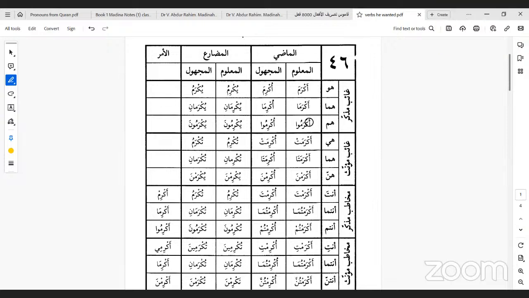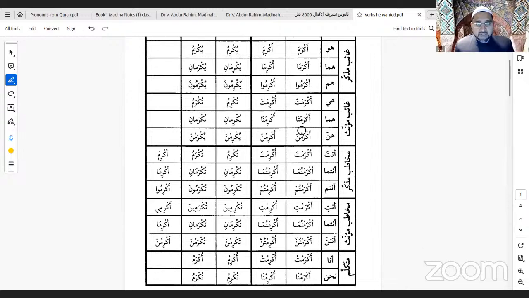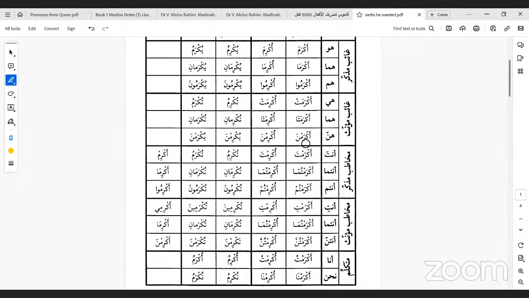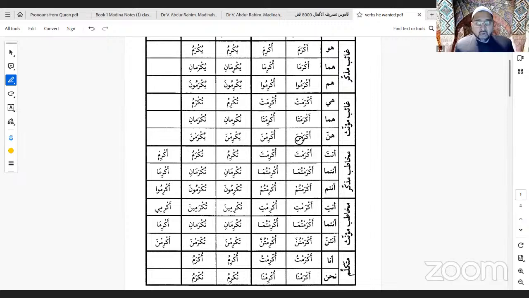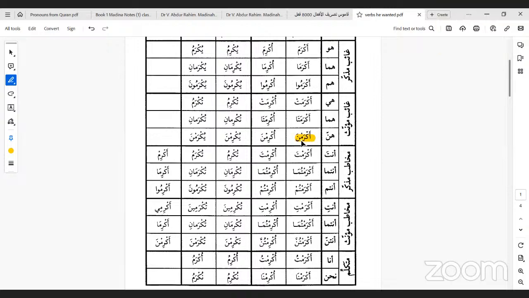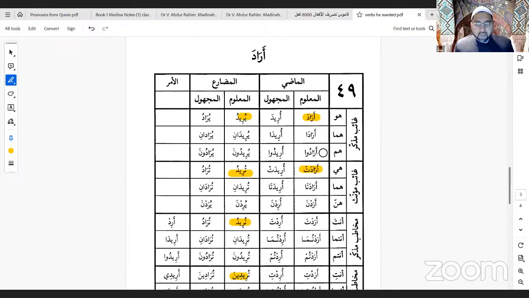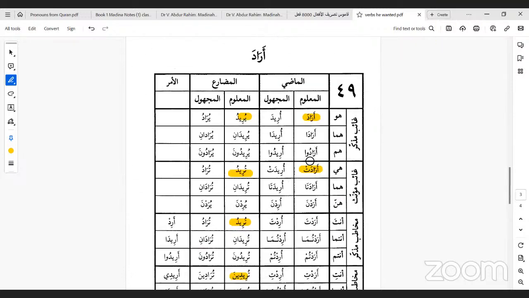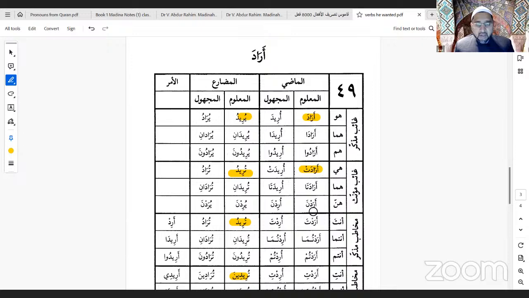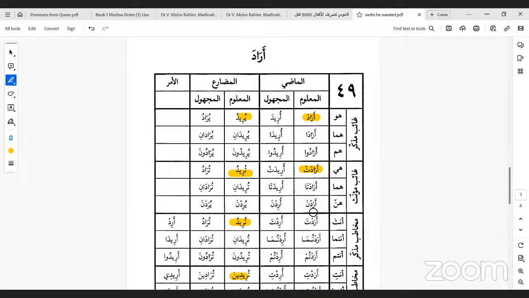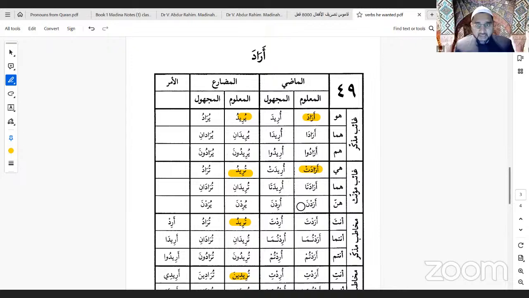So akrama, akramu, akramat, akramata, akramna. This is a 4-letter verb. The noon always comes with a fatha at the end in the 6th form. And what happens, the letter before it should get a sukoon. So when we go to this one here, arada, aradu, aradat, aradata, we make the dal with a sukoon. So Sister Batul, come on the mic as well with Sister Ismat. Now, the dal is with a sukoon, yes?